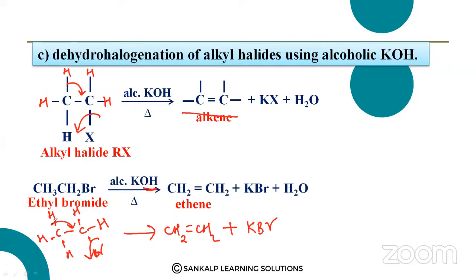OH remains, and the hydrogen which is removed is added to this water molecule. So this is your dehydrohalogenation.